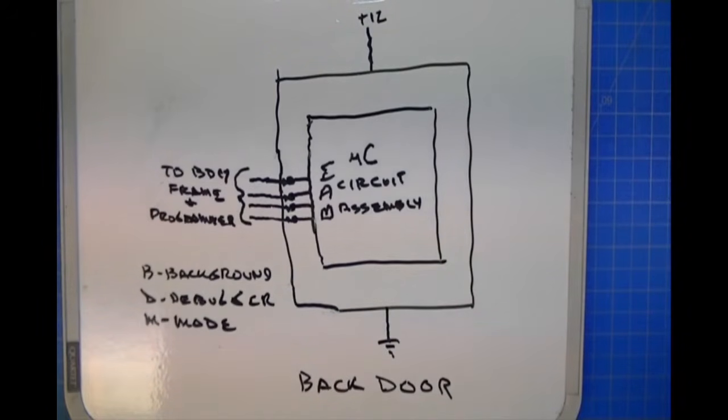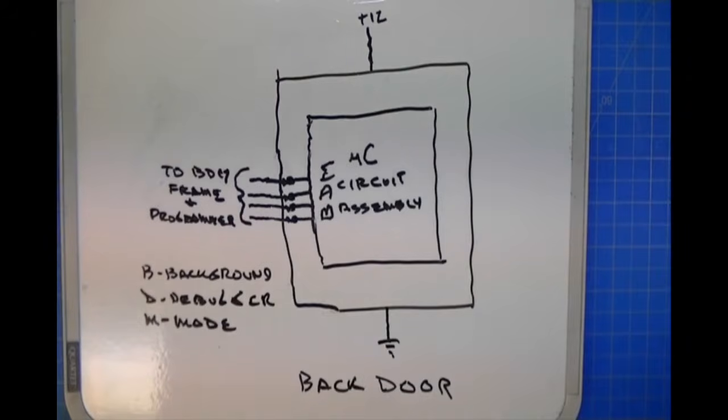It can actually read the data from the EEPROM using background debugger commands and not even affect the normal program of the microcontroller. It's an incredibly powerful feature to do reading and programming.